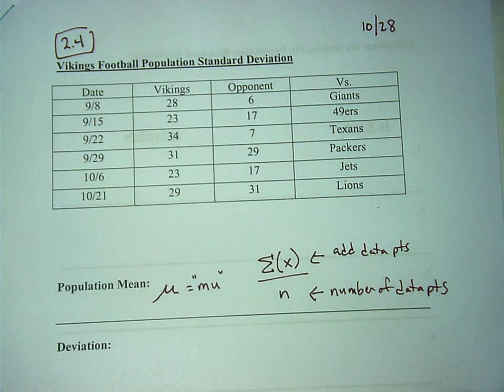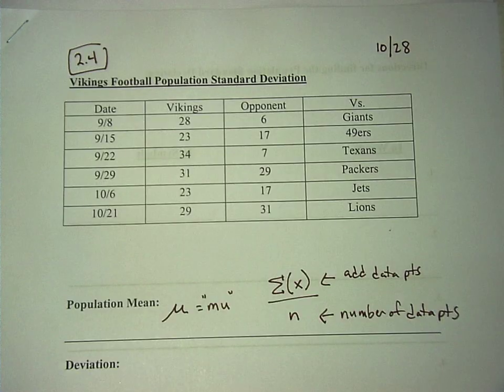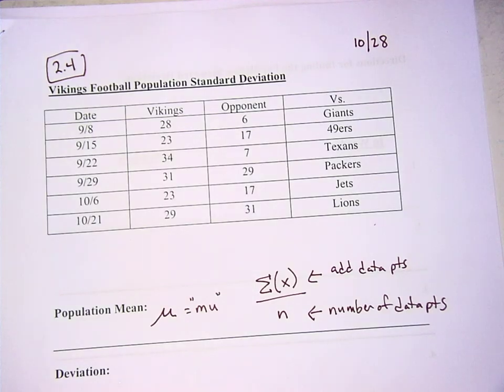So everybody in your calculator right now, 28 plus 23 plus 34 plus 31 plus 23 plus 29.